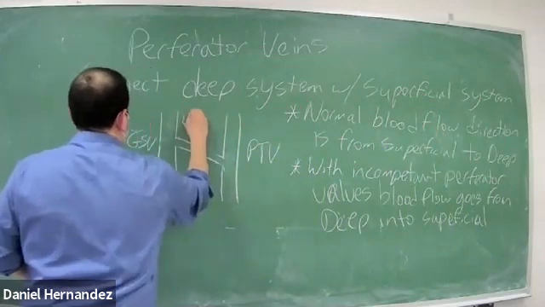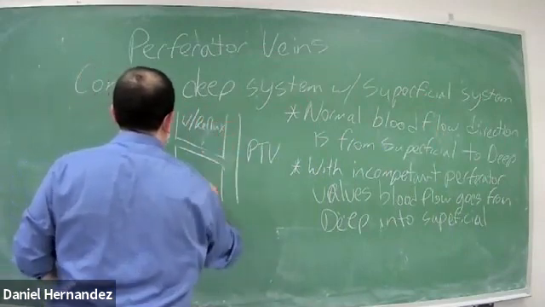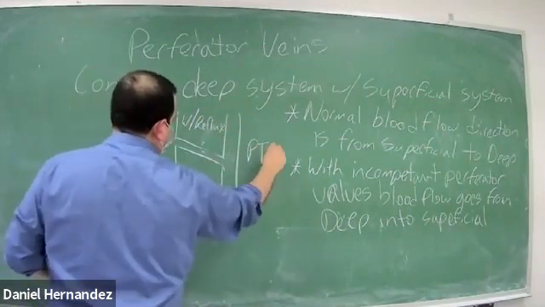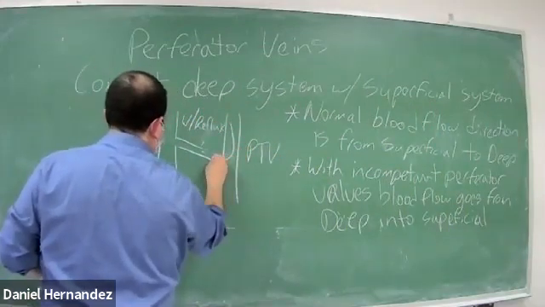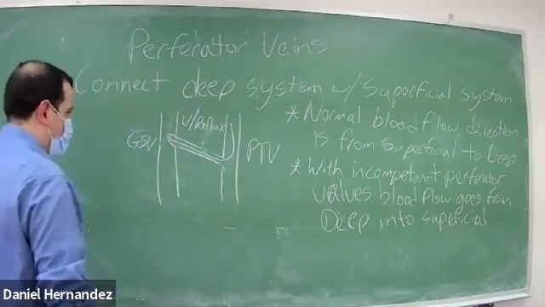So with reflux, you're now going from, say, the posterior tibial veins back into the greater saphenous, into a superficial vein.